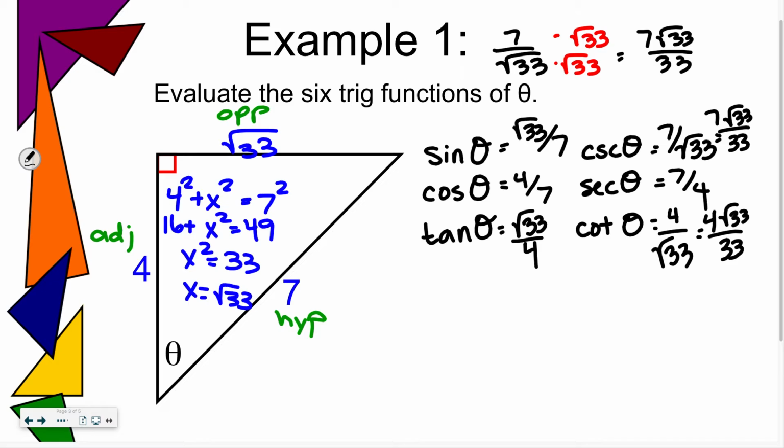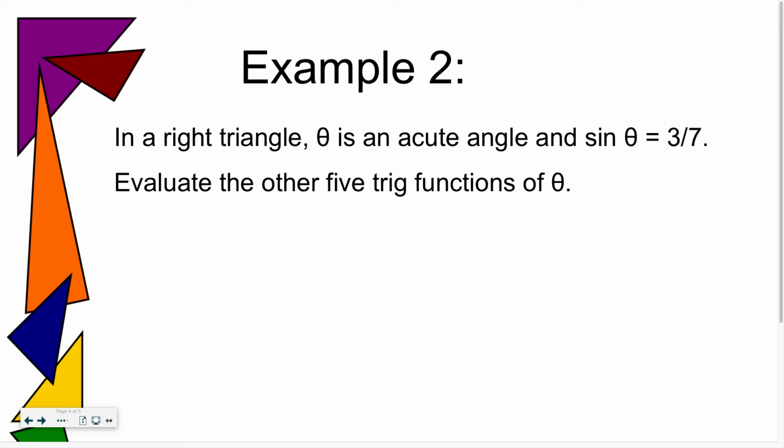All right, I'm going to let you and your pod talk about my second example. My second example is going to be a little bit different because I'm not going to start by giving you the picture. I tell you something about a right triangle. In a right triangle, theta is an acute angle, so it's not the right angle, it's one of the other 2 angles.